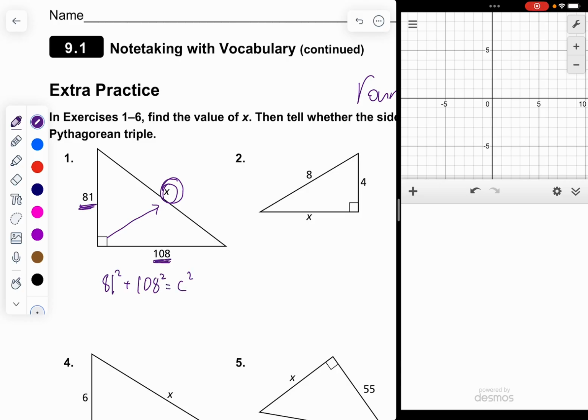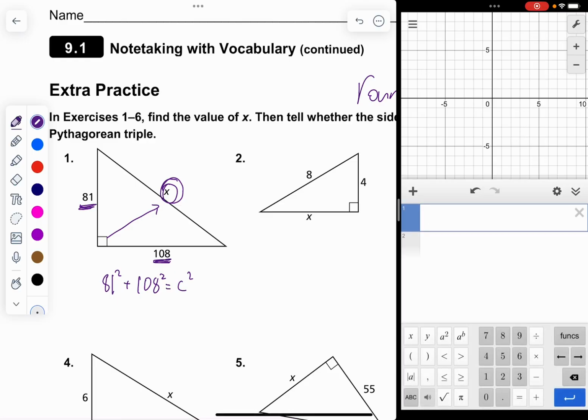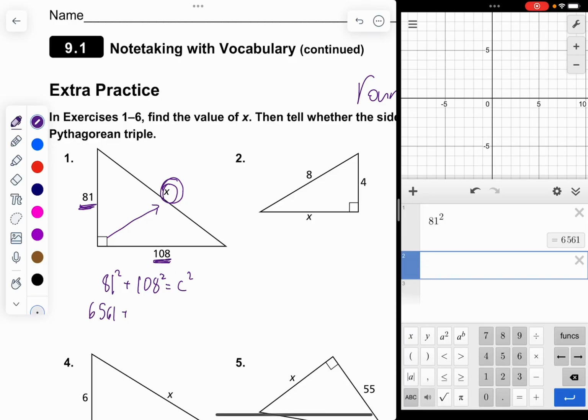And these are going to be some big numbers, so let's get that calculator going right now. So 81 squared, 6,561, that's a huge number. Plus 108 squared, 11,664.